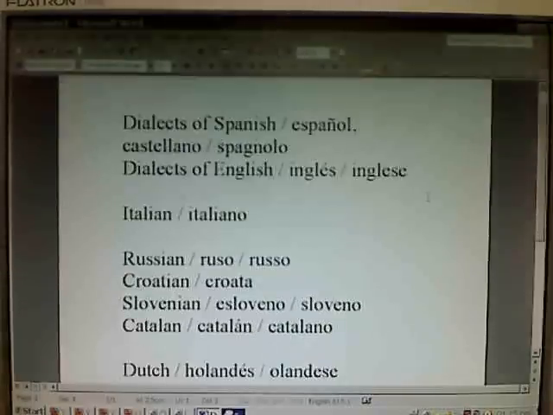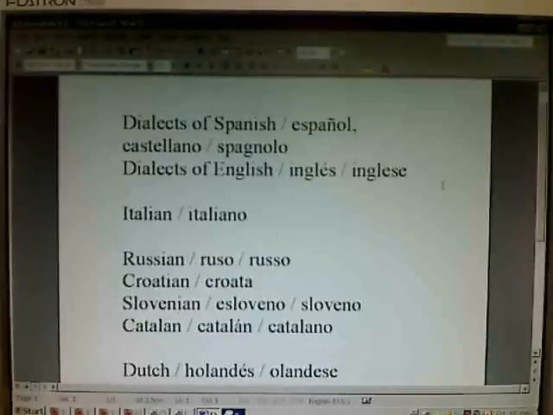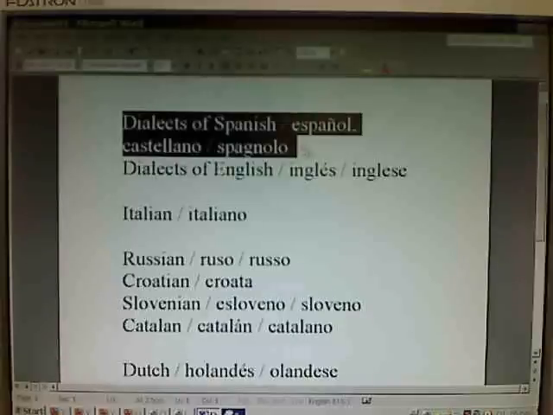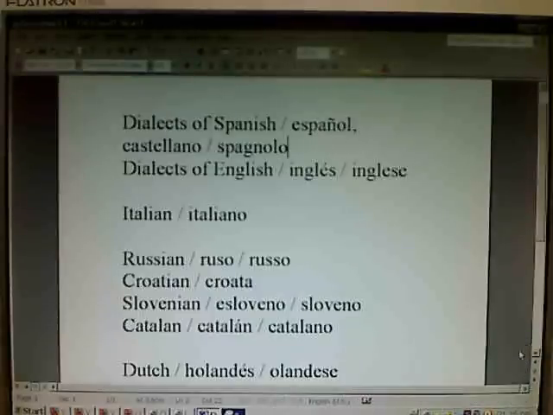And so I am studying and intend to continue to study different dialects of Spanish, also known as Castellano and Spagnolo, and other dialects of English, or Inglés, or Inglese.